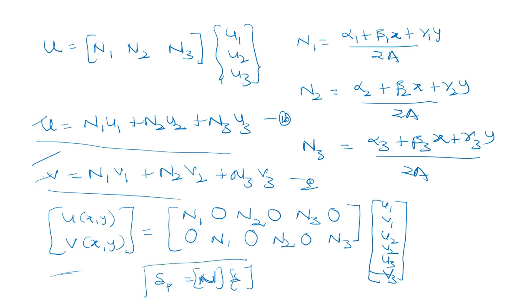For simplicity, they write it like this: displacement at any point, delta p, is equal to the shape function matrix, this one only, N1 0 N2 0, multiplied with its displacement vector, that is u1 v1 u2 v2 u3 v3. Okay, once we know the shape functions, then we can move on to the next steps.